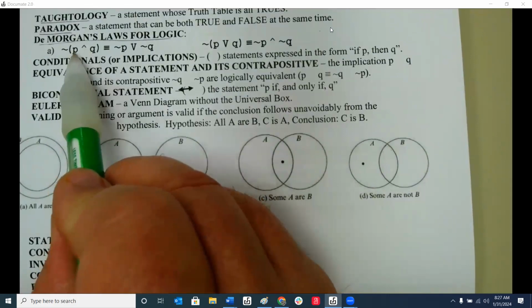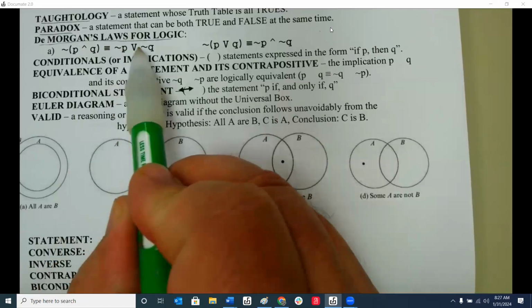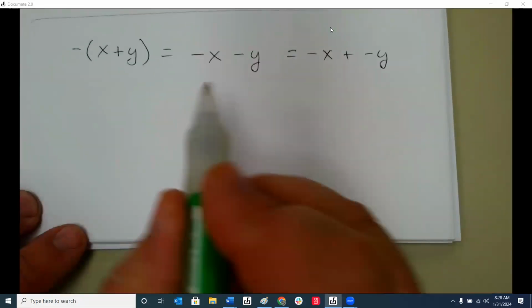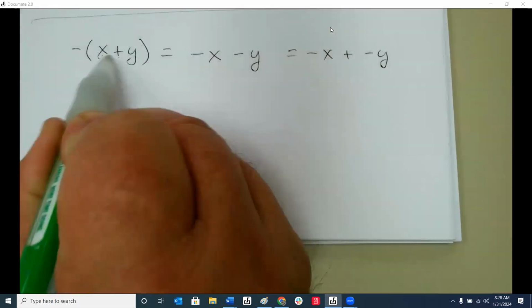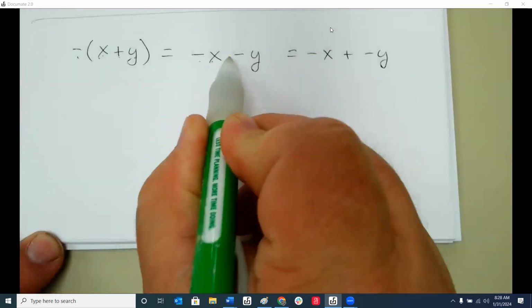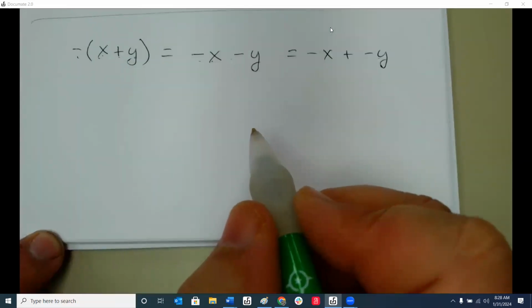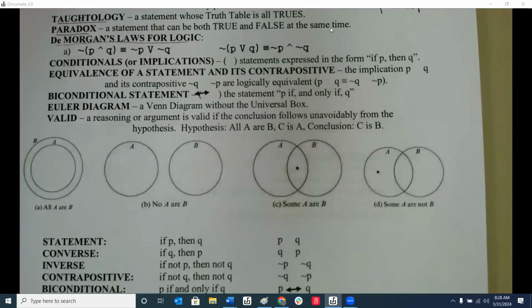And so not (P and Q) is the same thing as saying not P or not Q. Because if you think about this, this is P and Q, or X and Y. Not (X and Y) means not X or not Y. That's the distributive property. That's how it works in mathematics. I know, it's too early in the morning.